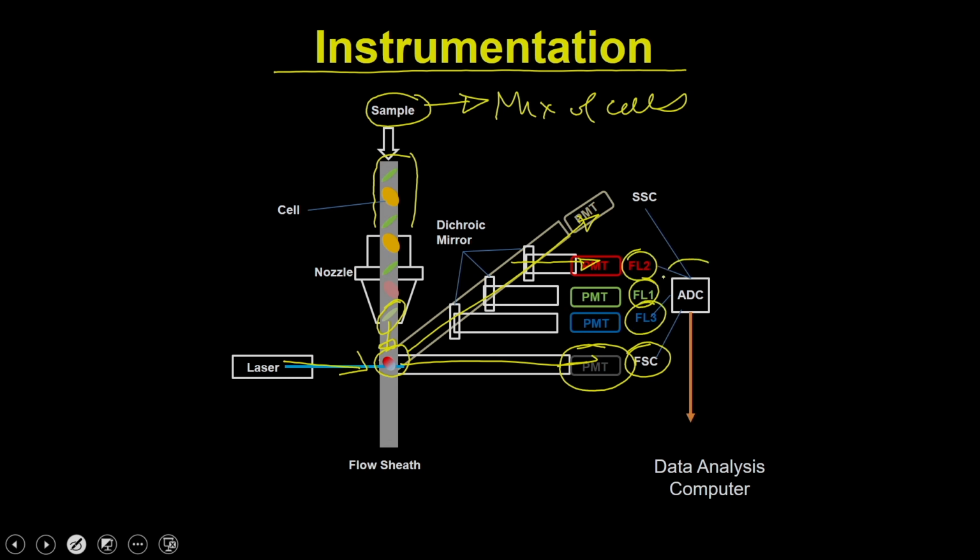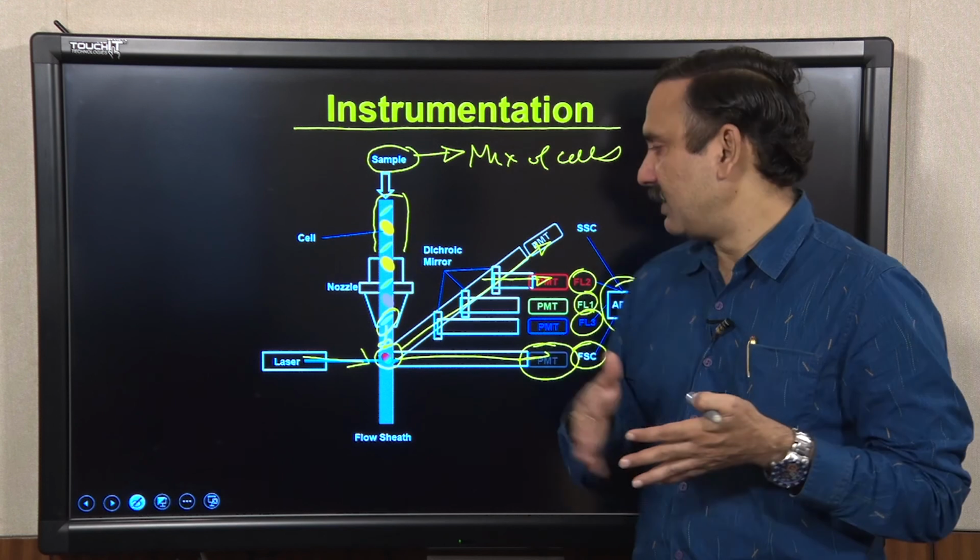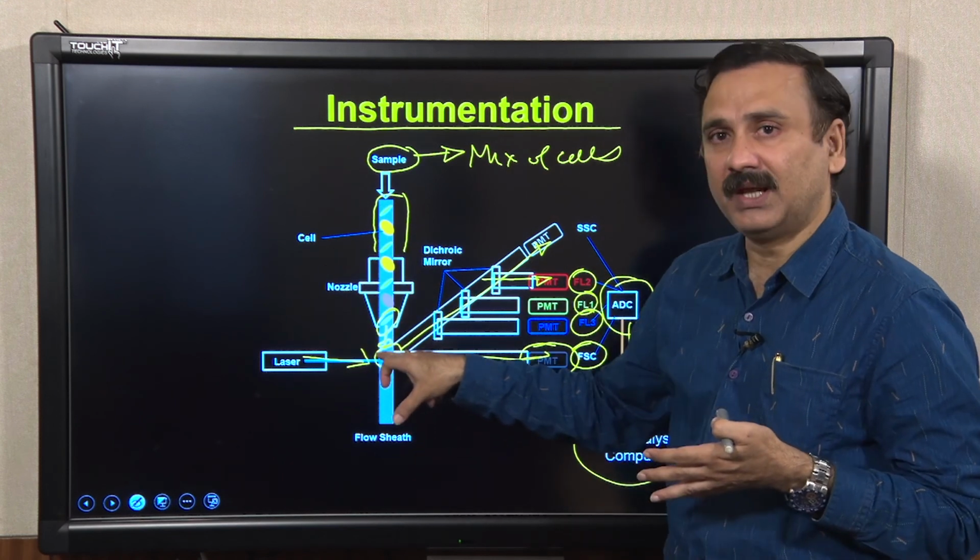All these are then processed by the processing unit and converted into a readable signal, which is analyzed by the computer, and at the end you see the readouts from this individual cell.